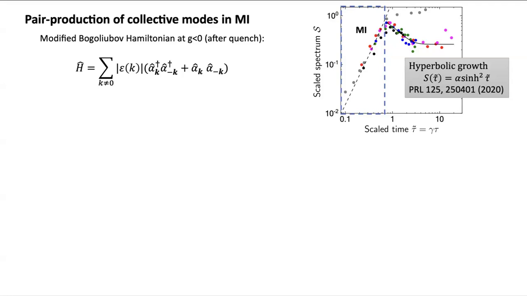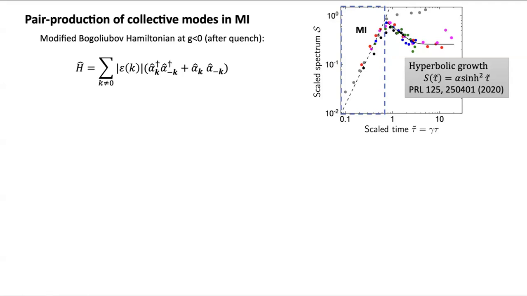So these excitations are excited in pairs with opposite momentum. Accompanying that is a reverse process: you would have pair annihilation, basically. Two waves come in and they annihilate each other.